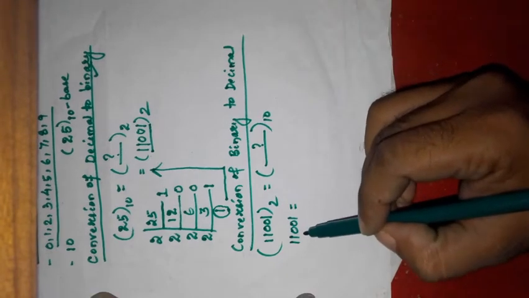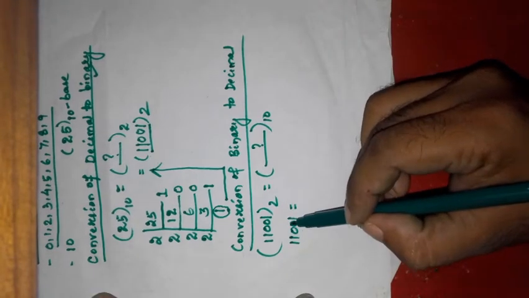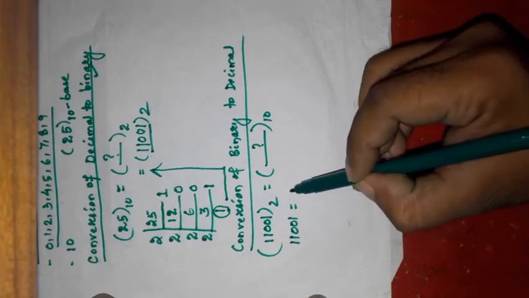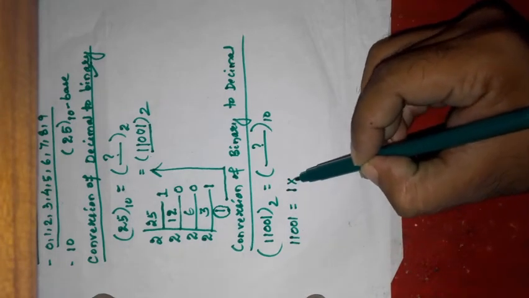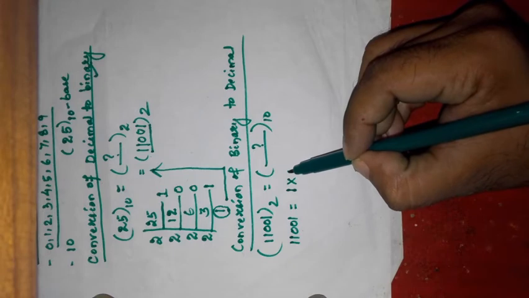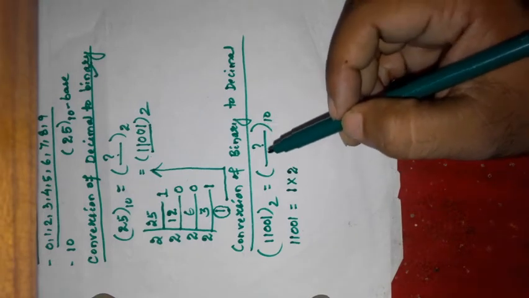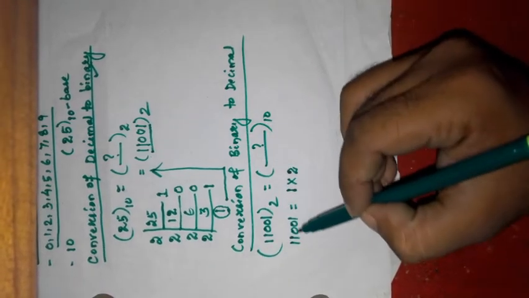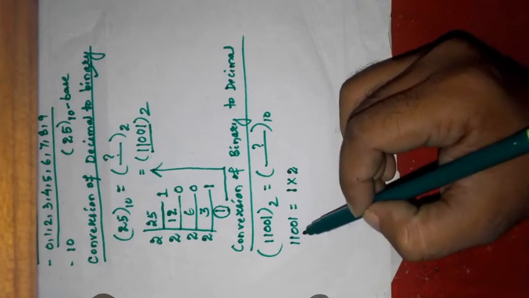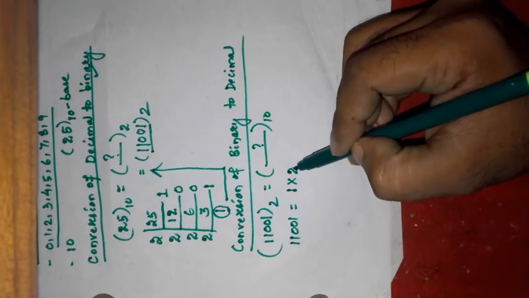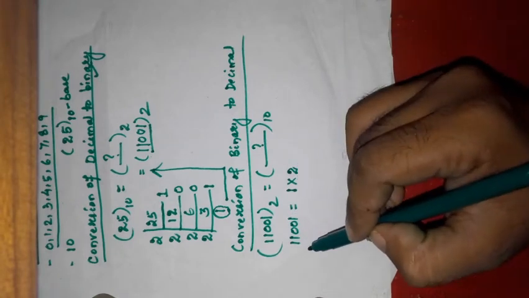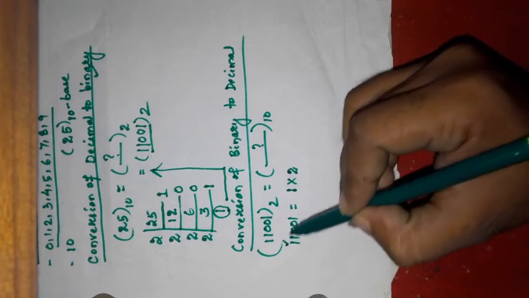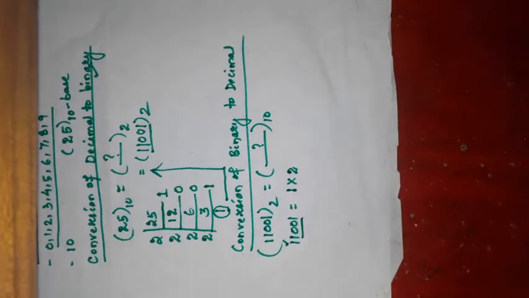First you count how many digits there are: 1 2 3 4 5. So first write 1 into 2, because the number consists of binary digits, so we have to write 2. Then calculate after 1 how many digits are left.